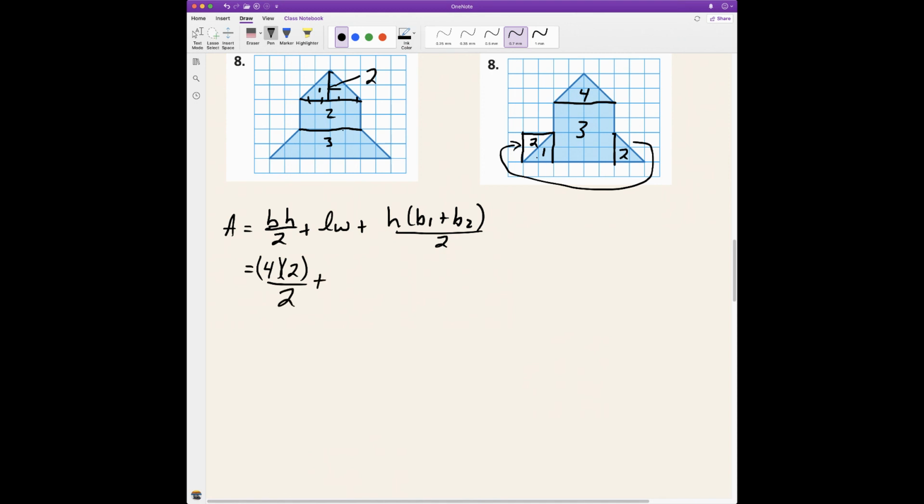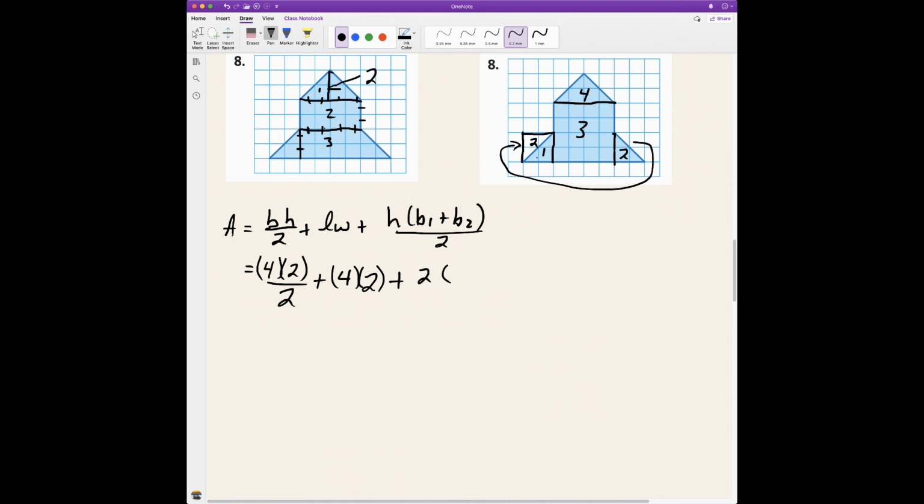The length of the rectangle is 4. And the width of the rectangle is 2, plus. So let's see, the height of my trapezoid. What is the height of my trapezoid? Very good. It is 2 units. And then what is base 1? What is the length of base 1 of my trapezoid?